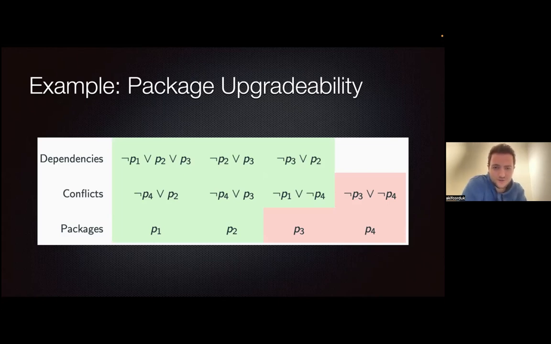You can give importance to the clauses, but in this case, if you model it with just MaxSAT, giving 1 to each of them, it will give you that P1, P2, and P3 can be in the system at the same time, and this is the most satisfying.